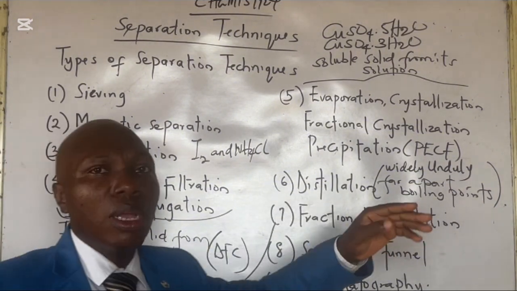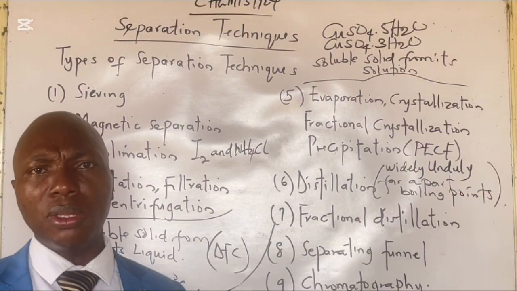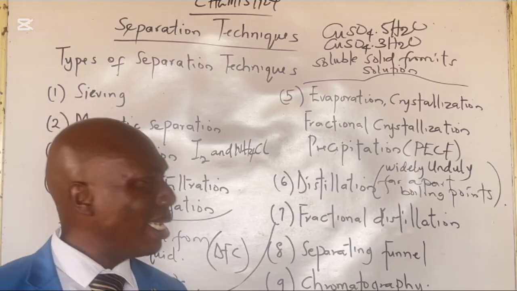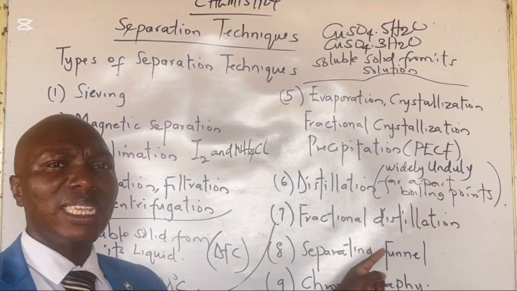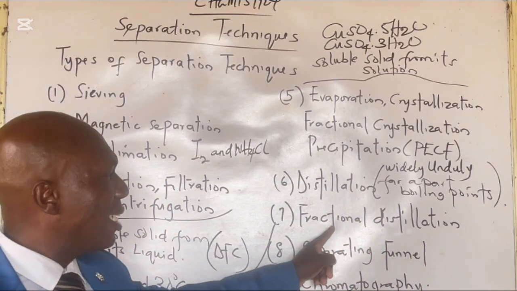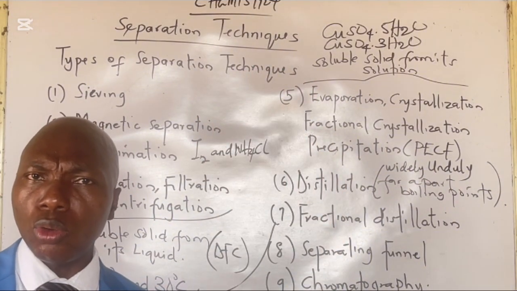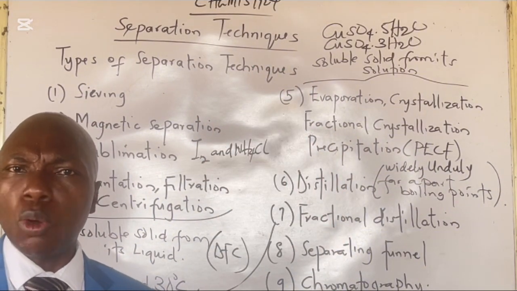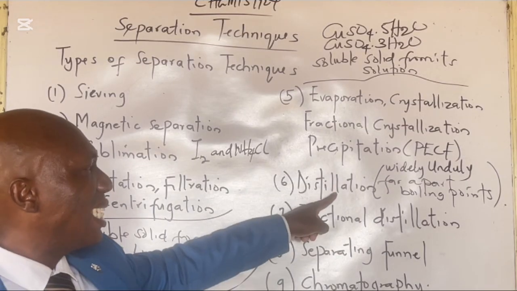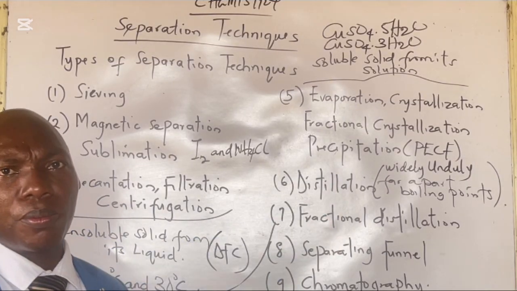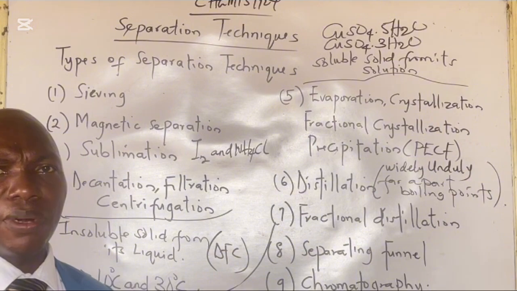But distillation has widely different boiling points. Another difference is that for fractional distillation, in the construction of the apparatus, you must use what we call a fractionating column, which is not present in distillation. Those are their major differences.